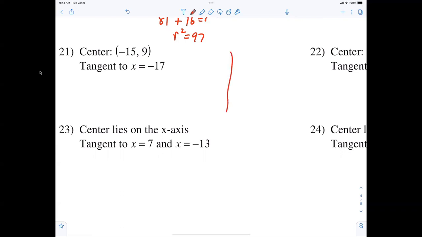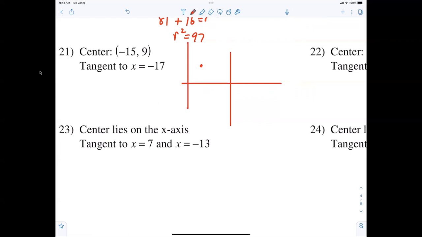So here again, I always just like to draw myself a little X and Y axis. I don't have to make it drawn to scale or anything. I just say, okay, where is negative 15, 9? Negative 15, 9 is this point right here. So I agree with that. Where is negative 17? Here's the equation, X equals negative 17.